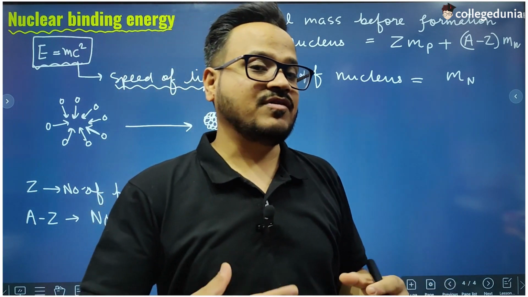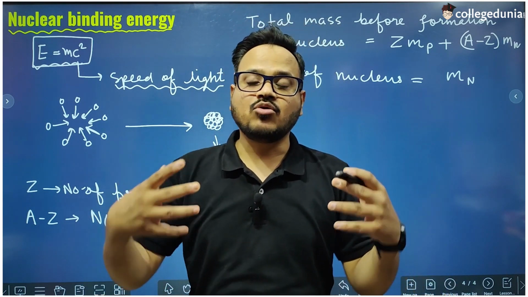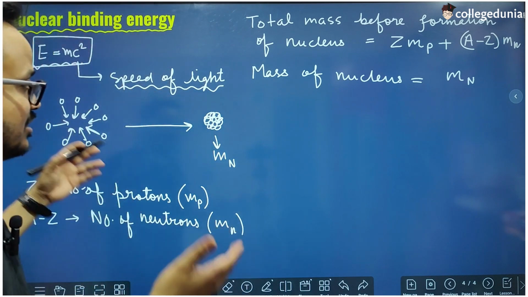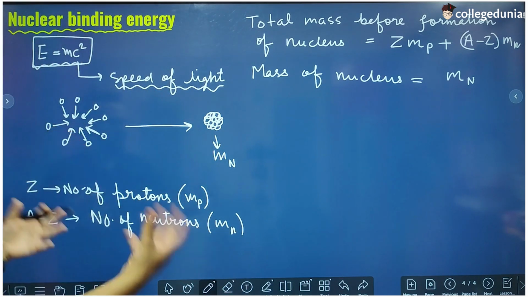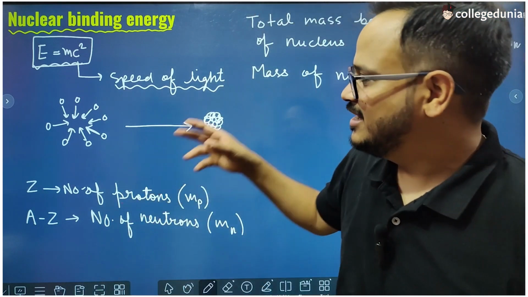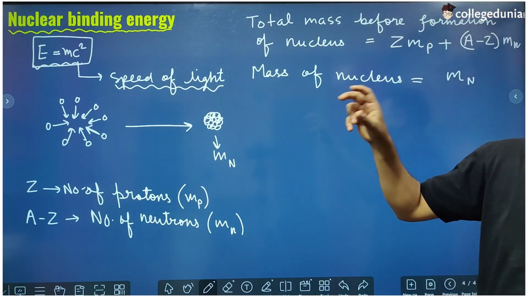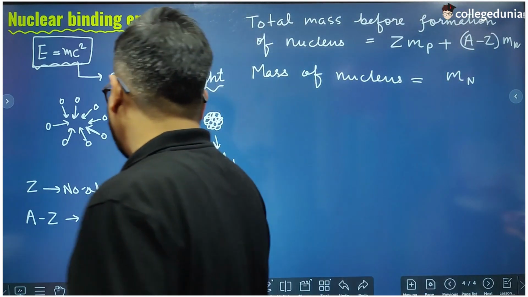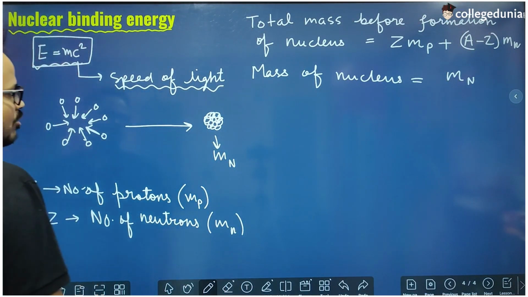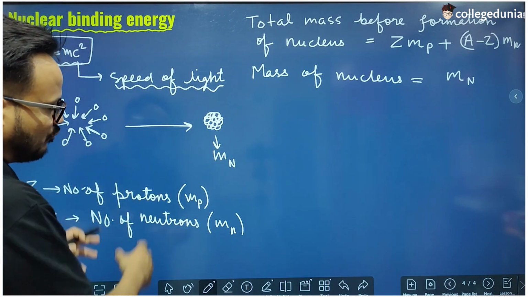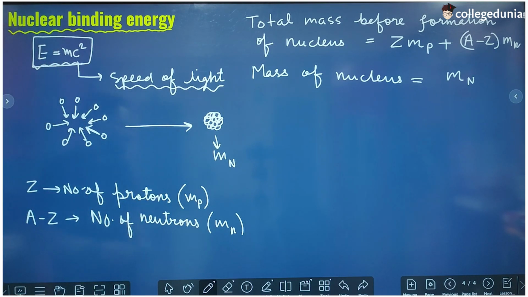The nucleus is the most stable entity in the universe. So obviously, when such a stable entity is formed, so much energy will be released, and that energy comes from the mass of the nucleons, which gets destroyed during the formation of the nucleus, right?